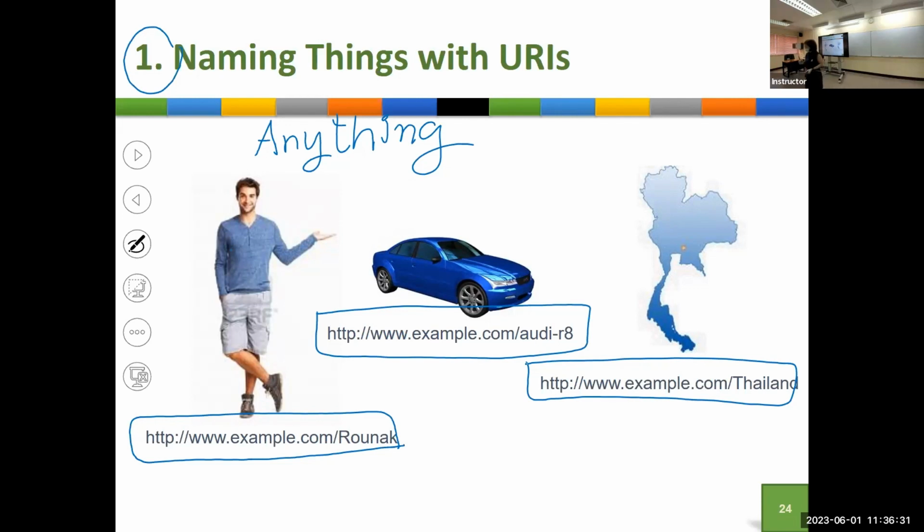It can be anything. You can come up with any mechanism for your unique URI. That's fine. Even it can be a random text or something. But if you can make sure that every time we refer to this random text, it's unique and it refers to you, then it is fine. Okay.